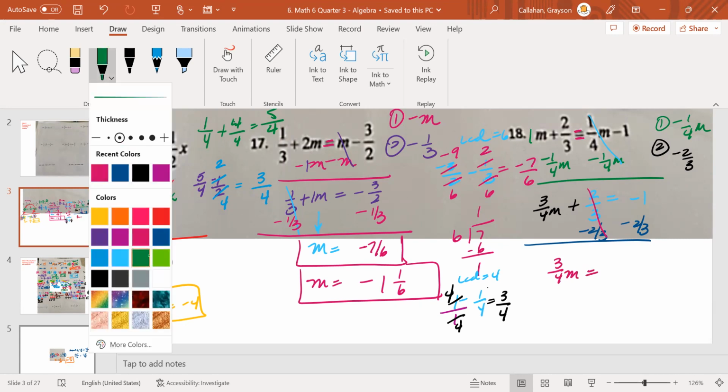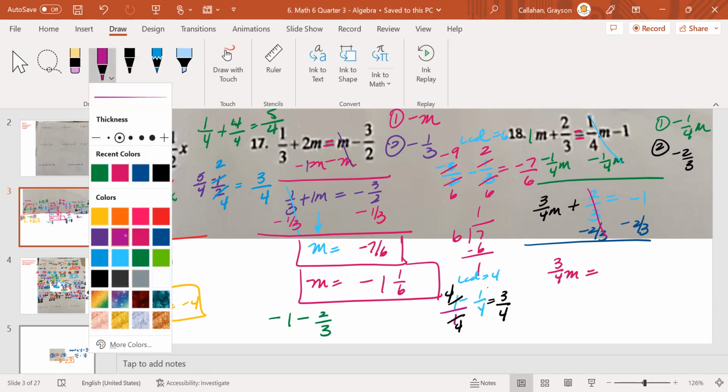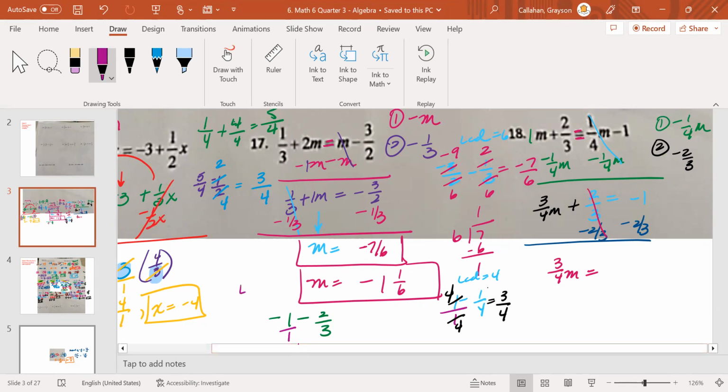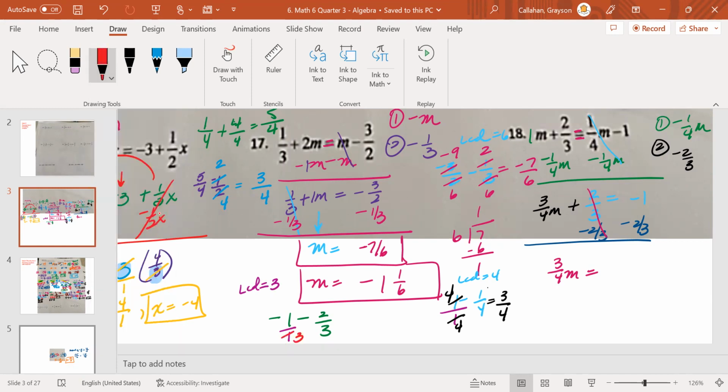So you have a -1 minus 2/3. Remember, there is a 1 underneath here. Your lowest common denominator is 3. So then we're going to change that 1 to a 3, that to a -3. -3 minus 2 is a -5/3. So this is a -5/3.